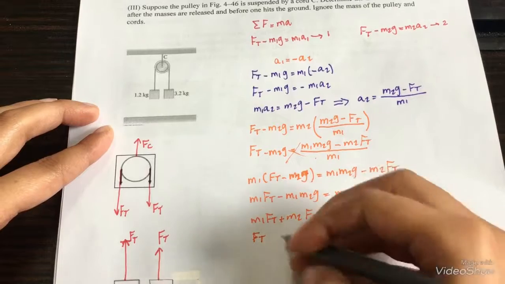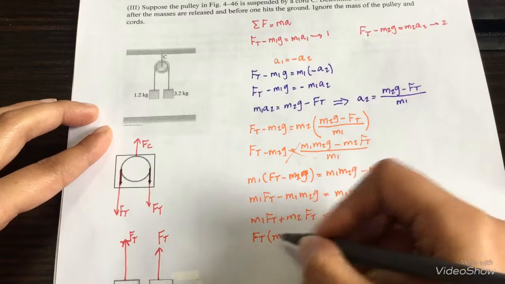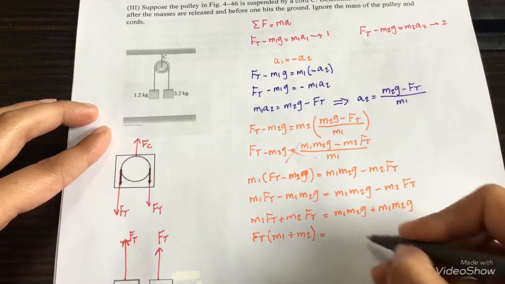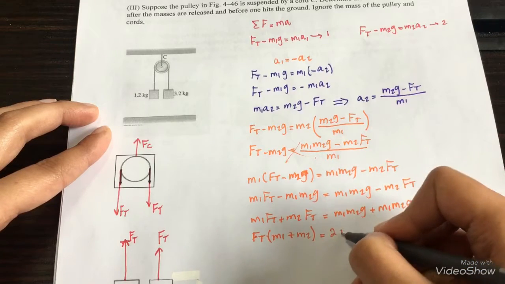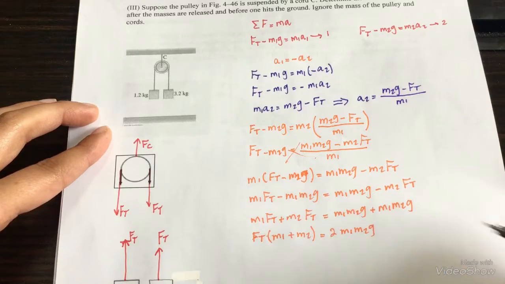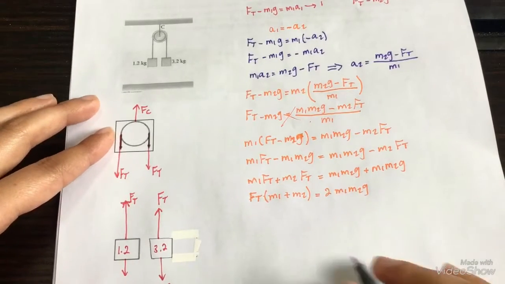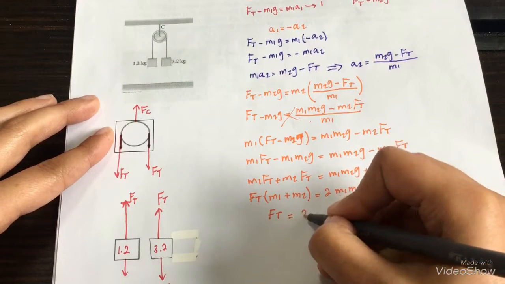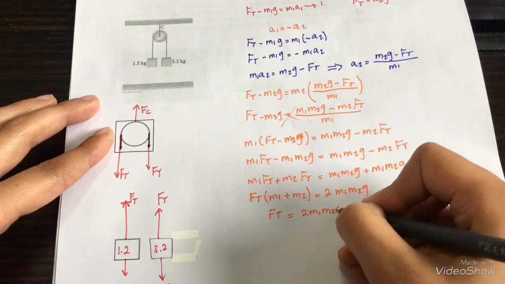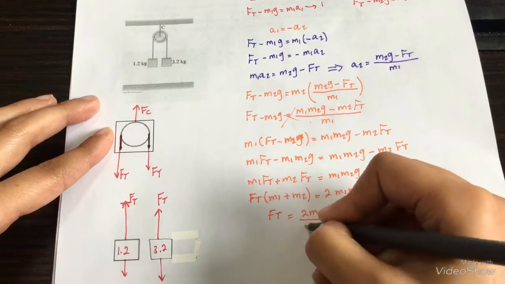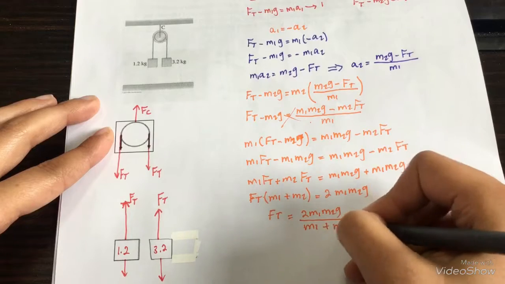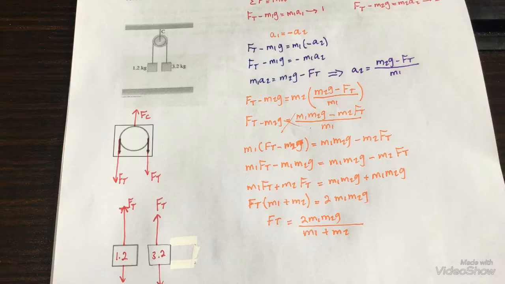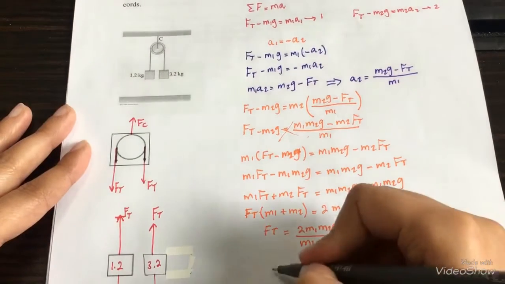I'm going to factor the tension force, and I'm left with m1 plus m2, equal to m1 m2g added together, and then I'm going to divide to solve for tension: tension equals 2 m1 m2g over m1 plus m2. So that's it. Now we are going to plug in numbers and find the tension force.